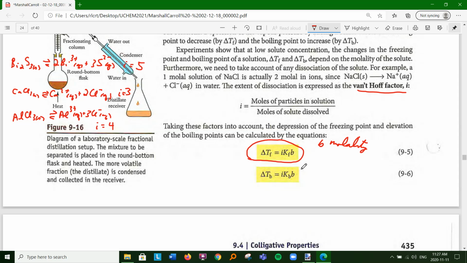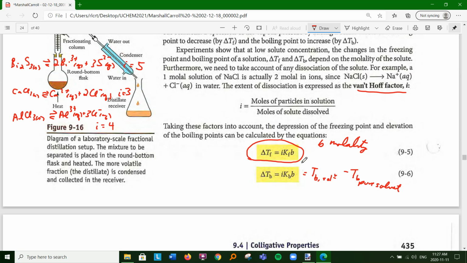And the boiling point elevation, delta TB, is i KB times b, where the little b stands for boiling, the italicized b stands for molality. So it would be the boiling point elevation, so it would be TB of the solution minus TB of the pure solvent.